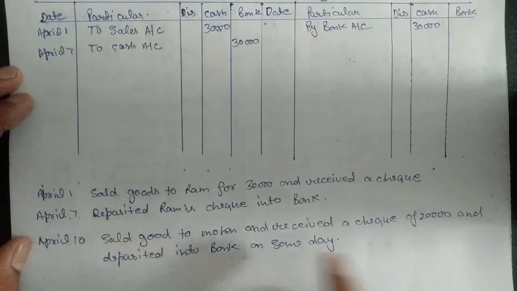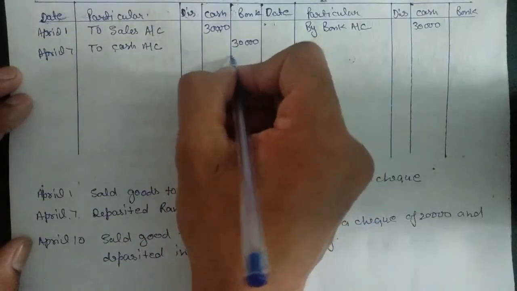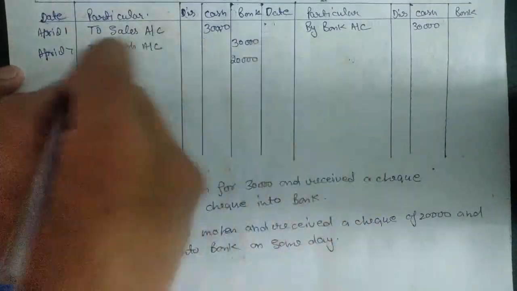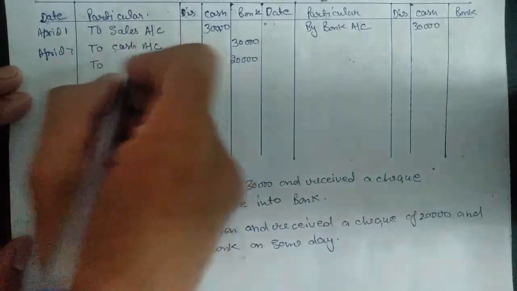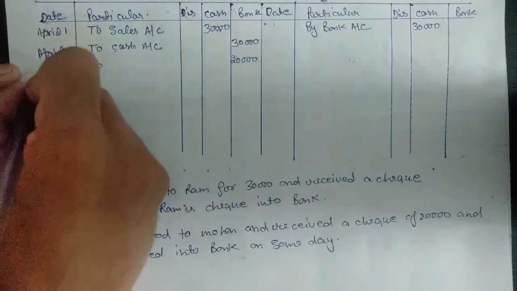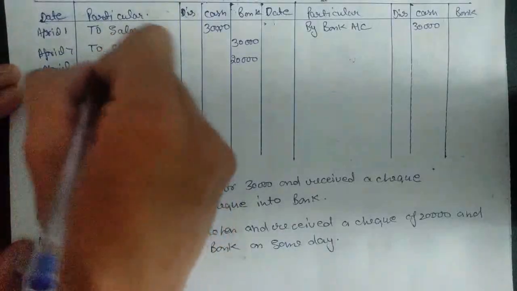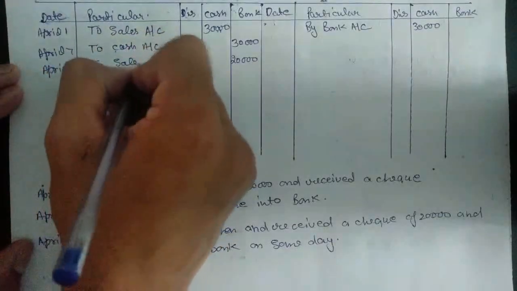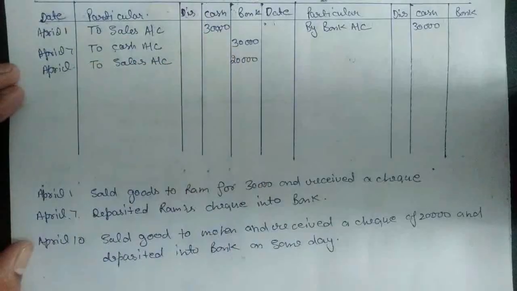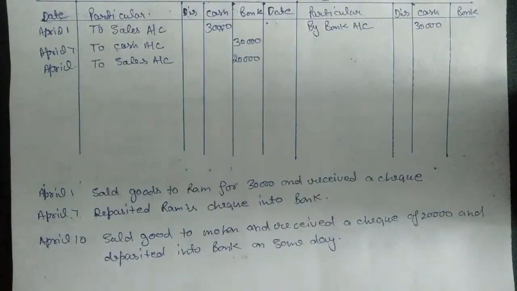So we directly increase our bank account by 20,000 on April 10, to sales account, because we received that check on April 10 and deposited it into the bank on the same day. So there we will not use two entries for that check.